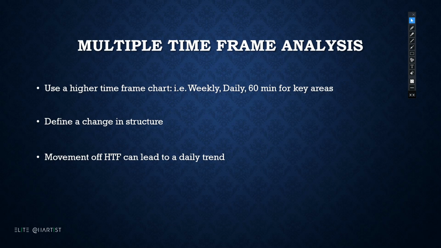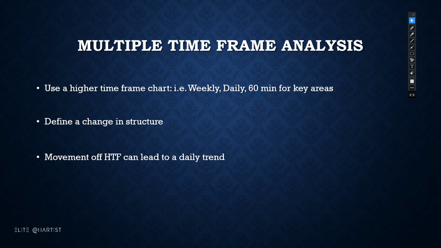So let's talk a little bit about multiple time frame analysis. Multiple time frame analysis is when you look at different time frames, and you usually start at the highest time frame. You can start at a monthly, that's humongous, but I usually do weekly, then I'll zoom down to a daily, then a 60-minute, and this is the way I start to paint the picture of my higher time frame trend.